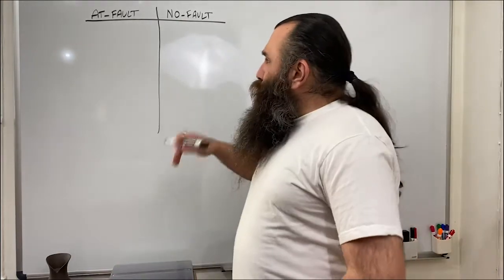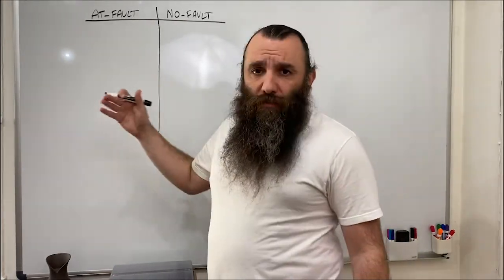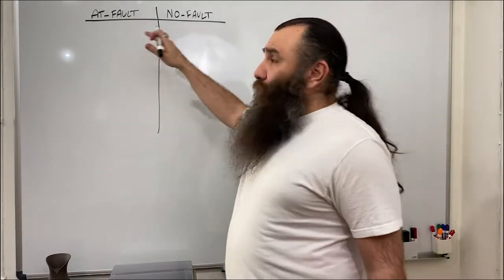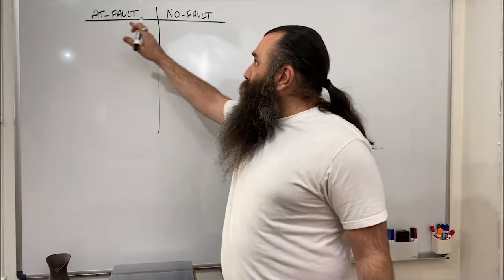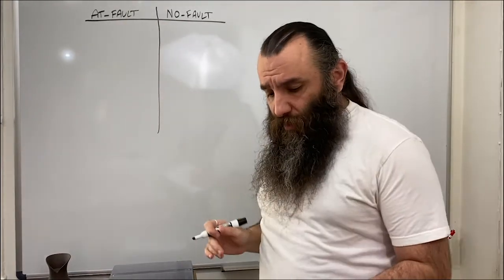So when it comes to evictions, there are two types outlined in the law: at fault or no fault. Essentially, it's asking, is it the fault of the tenant or is it not the fault of the tenant?